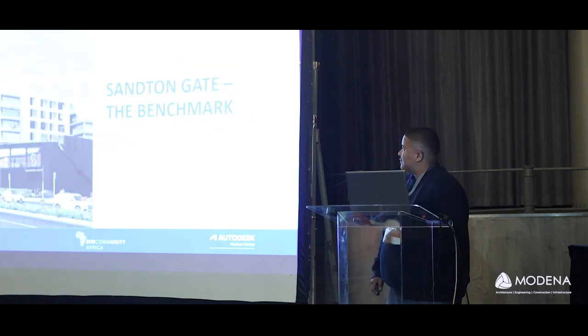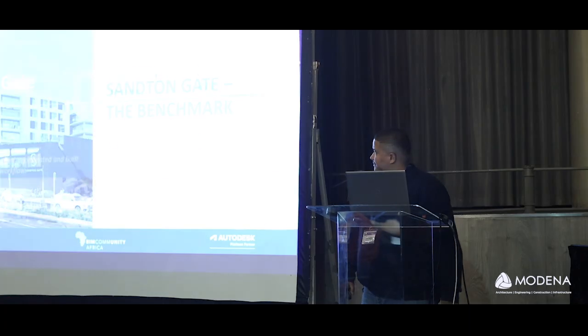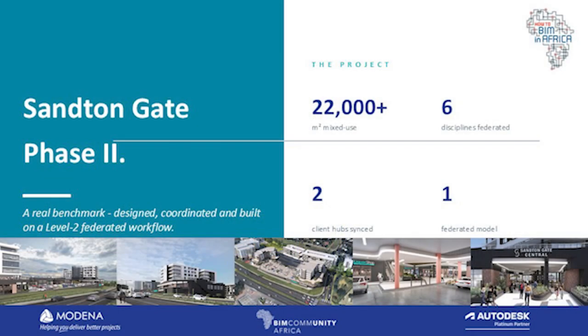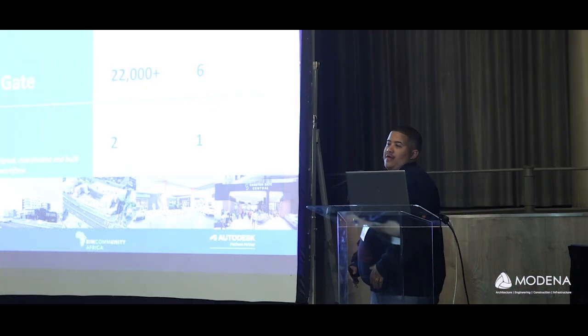Then we dive into Sandgate as the benchmark. At Sandgate, I particularly enjoyed this project. It's quite a complex project. We deal with retail, real estate development, and it gets further to the office towers. But Sandgate is literally, how do I say, the proof is in the pudding.